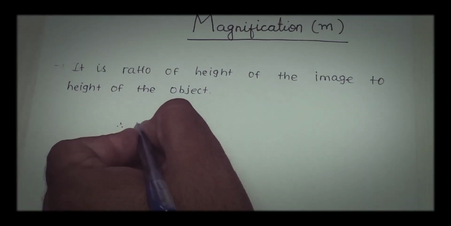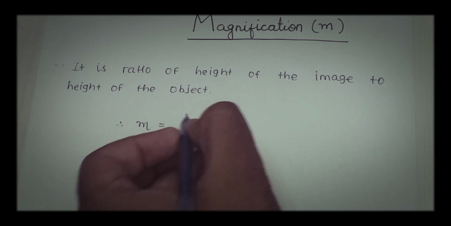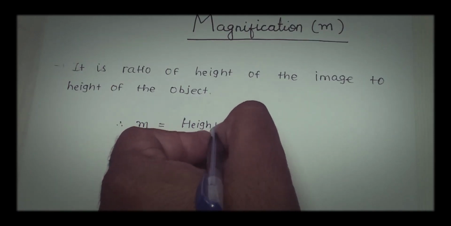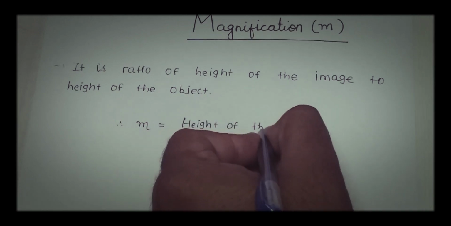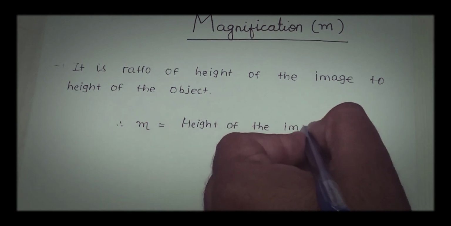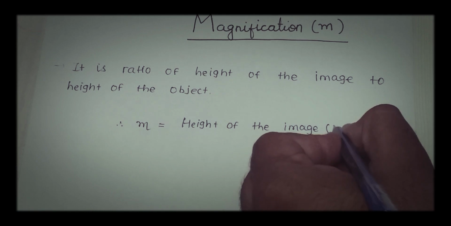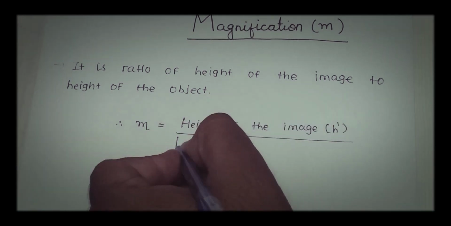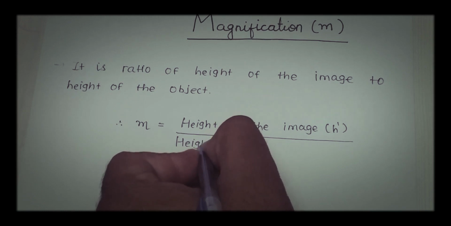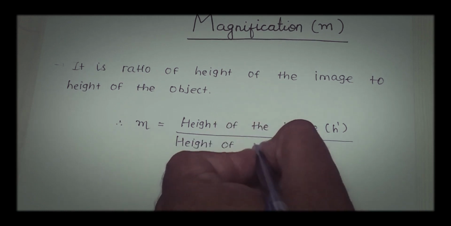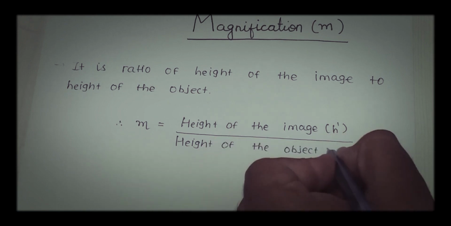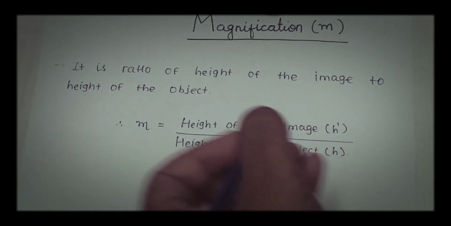So here small m is equal to the height of the image, generally denoted as h dash, to the height of the object, denoted as h.